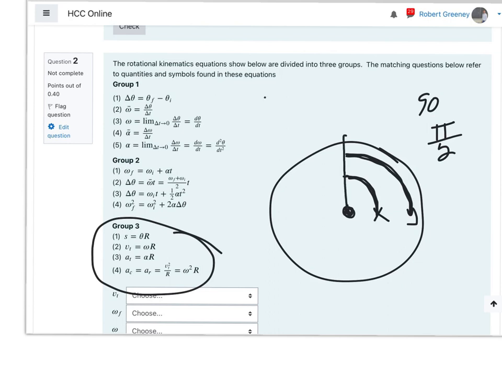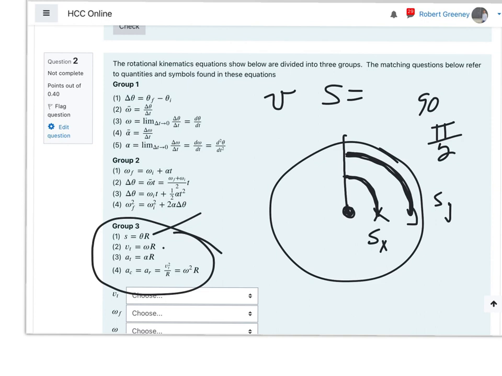But the distance each one covers would be s for x. That distance would be s for y. Those distances are different, and we get those by using the first equation.